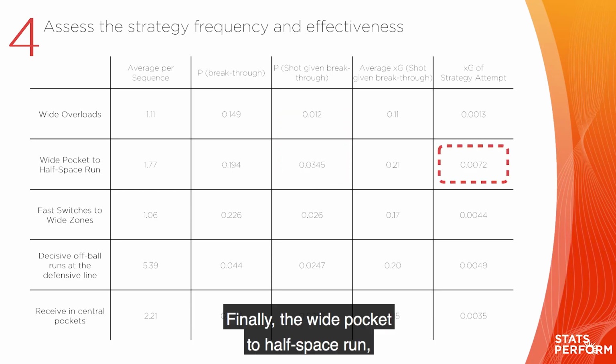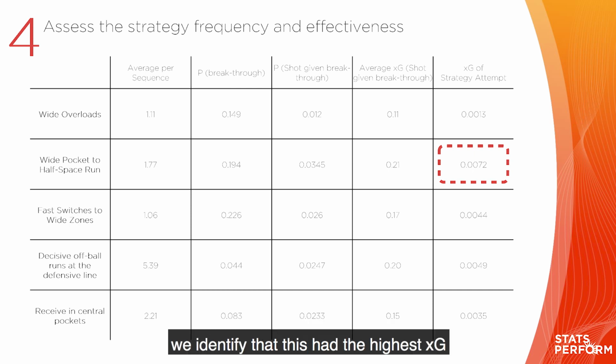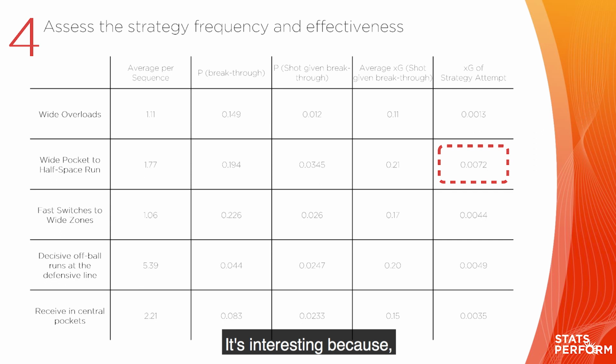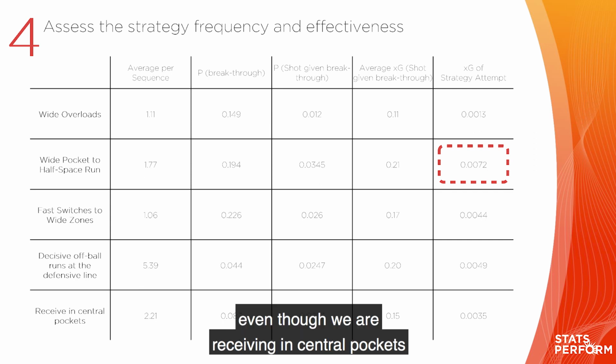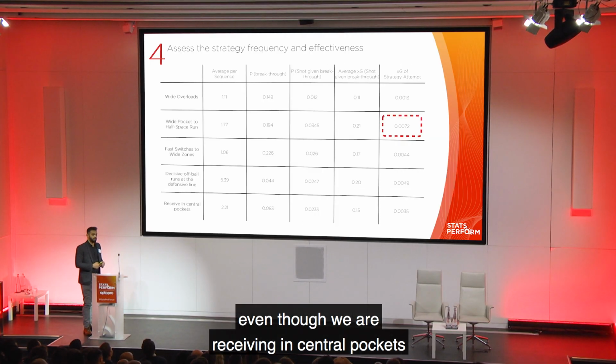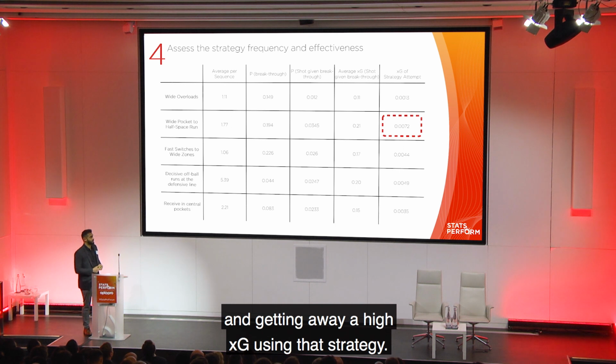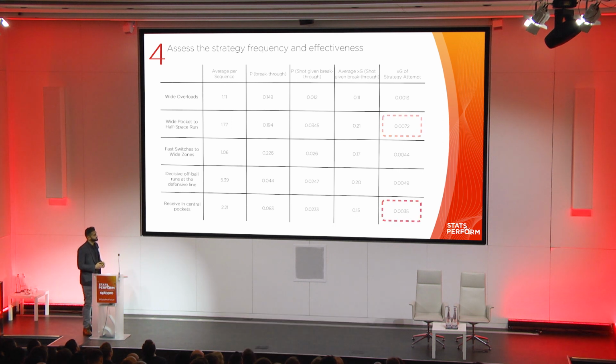Finally, for the wide pocket half space run, we identified that this had the highest XG of strategy attempt compared to the other strategies. It's interesting because even though we are receiving in central pockets, we feel that we are actually having more shots and getting a higher XG using that strategy.